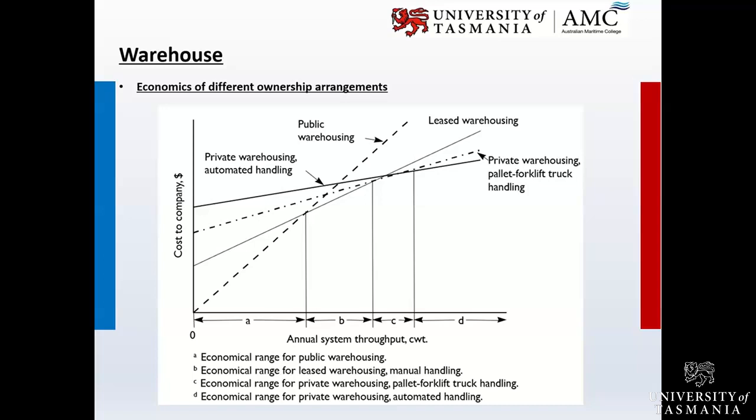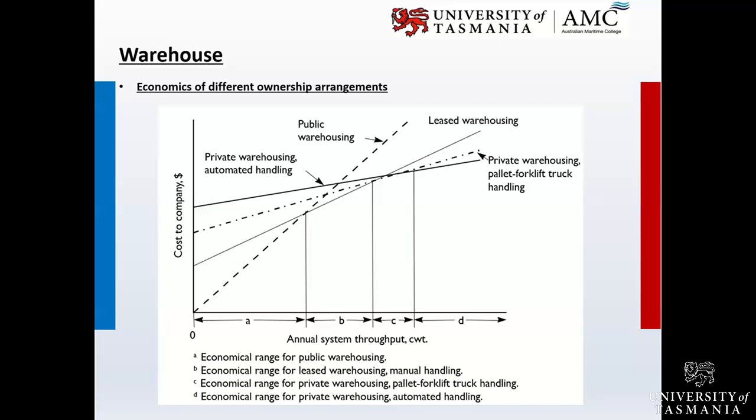So there are 4 arrangements, and each line in this fig shows the relationship between the throughput and cost by using each arrangement.